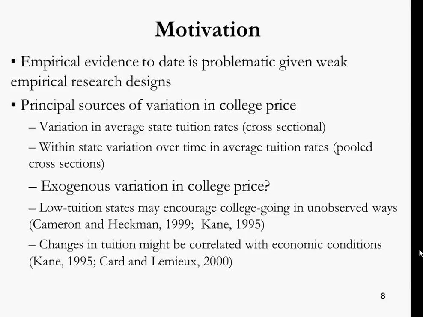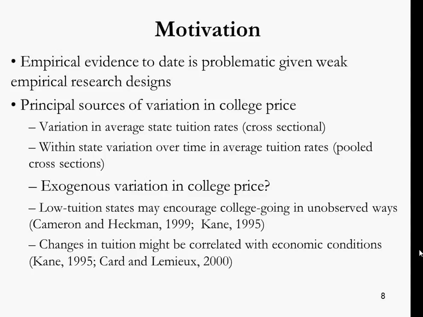The old-time literature started off looking at just cross-state variation in average tuition rates for public universities, and then seeing whether, for example, those states that have relatively low tuition rates have relatively high college attendance rates.